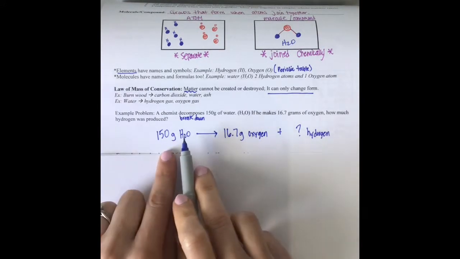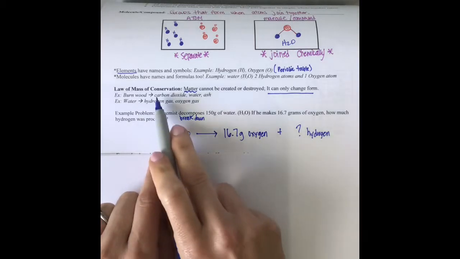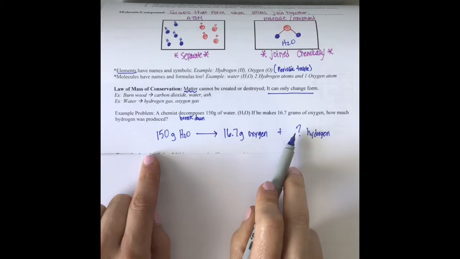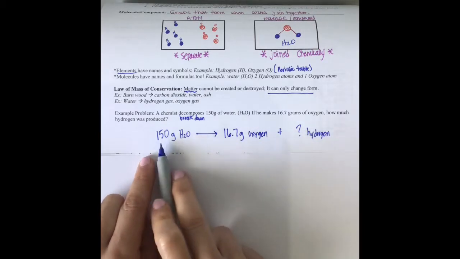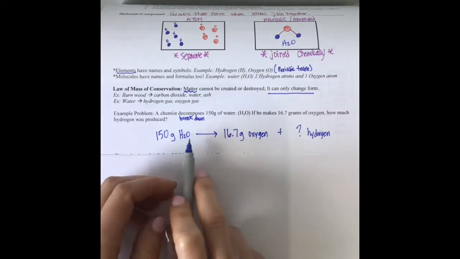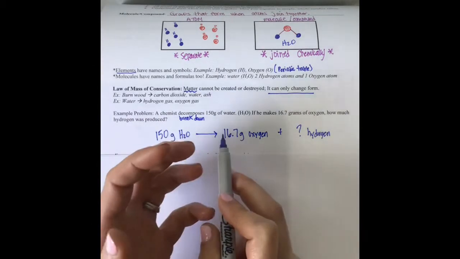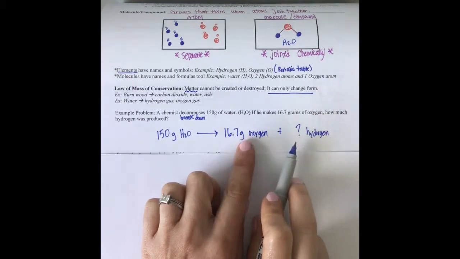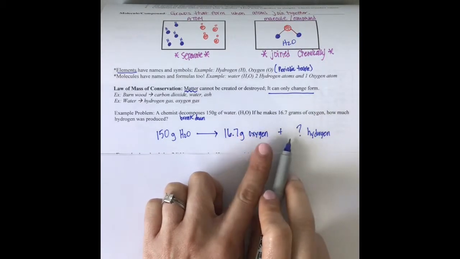So we could just do some simple math and our conservation of mass law to figure out what must be left. If we started with 150 grams of water, we still have to end up with 150 grams of something. It doesn't just disappear. It might have broken apart into 2 different elements, but when we add these back together, we should still have 150.